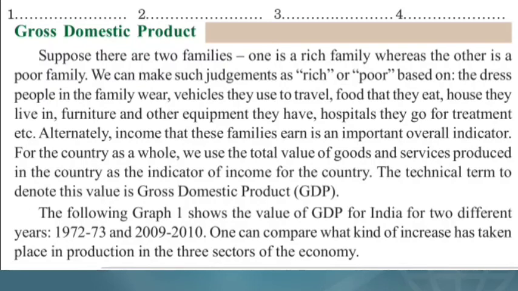how do you know some people are rich and some people are poor? What are the basis? You know that based on their dressing, and they are using vehicles, and what they eat means food, and living conditions means they got their home and other equipments, like how they're using facilities.